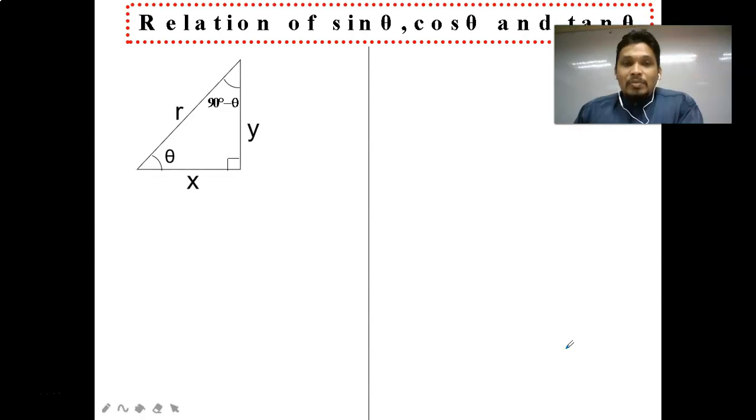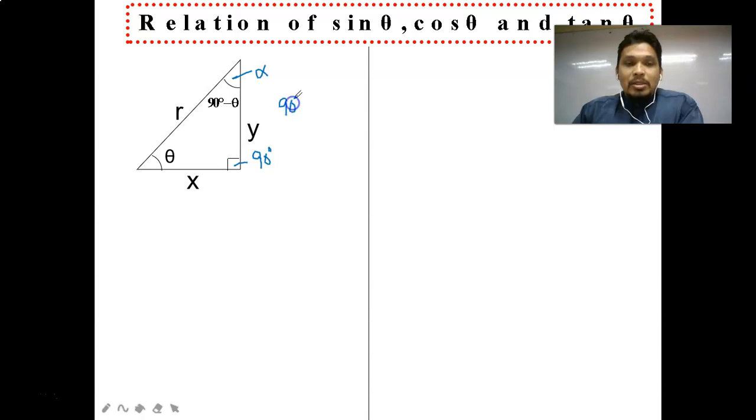Okay, now the relation between sine, cos, and tangent. So I may also define this angle as alpha. Recall the angles of this triangle: this is 90 degrees.